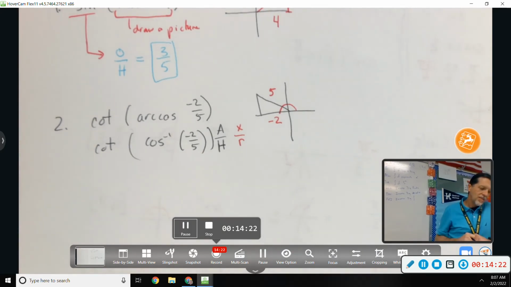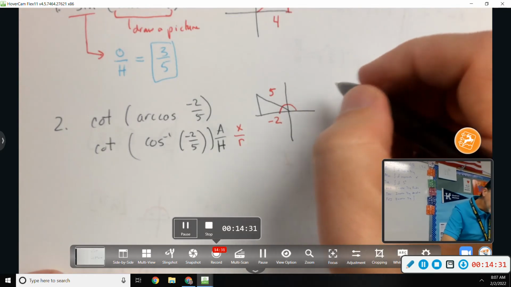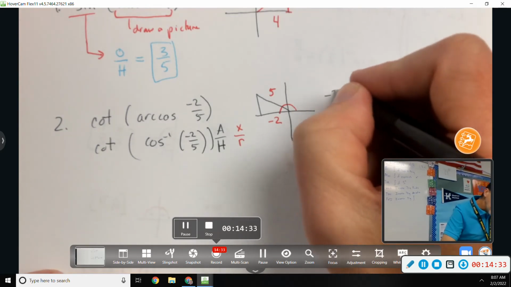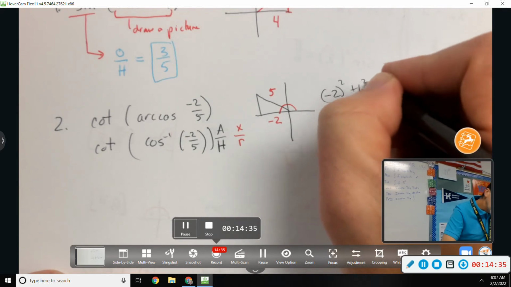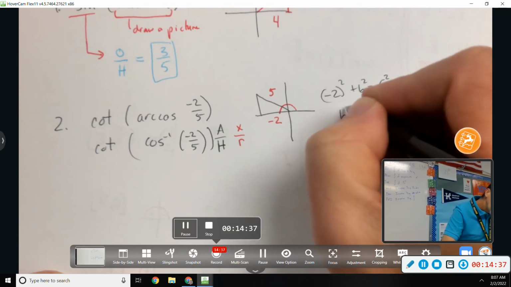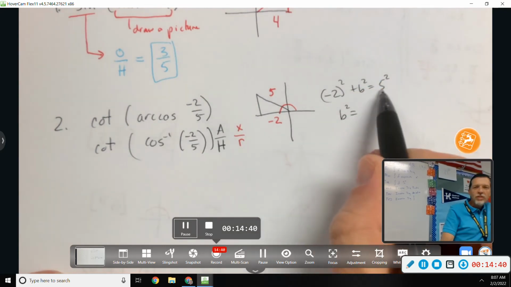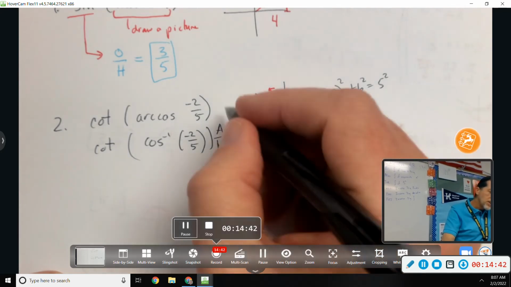Well, this one's not as easy. Although some people will try to tell me that it's a 2, 3, 5 triangle. A squared plus b squared equals c squared. So 25 minus 4 is 21.